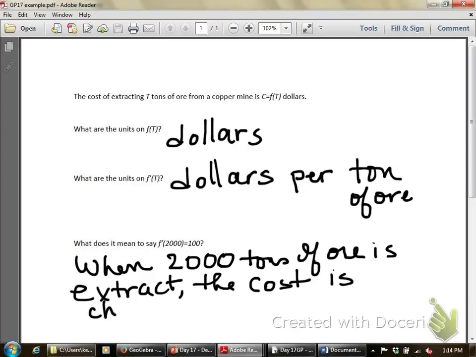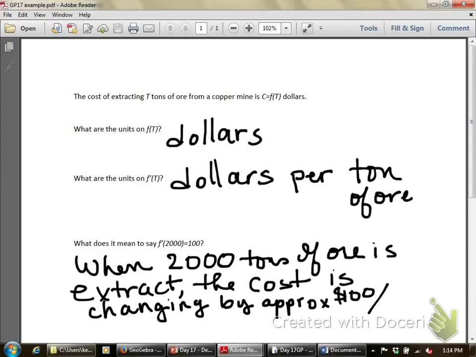It's changing. How is it changing? It's changing by approximately $100 per ton. Okay? And this really does depend on the specific value of 2,000.